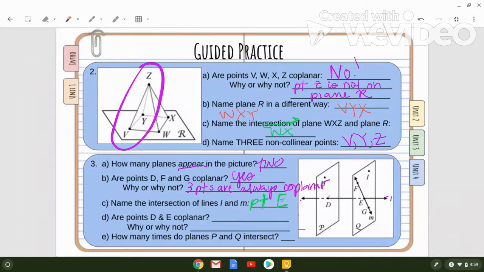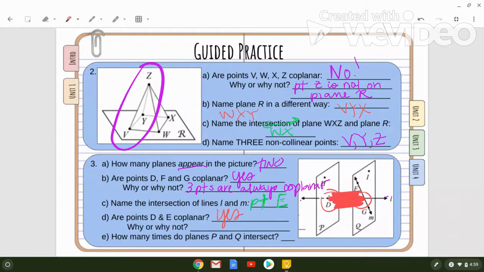Okay, over here. Are points D and E coplanar? Even though they appear to be on different planes, because they're 2 points, I can actually connect them, right? So there is some plane out here in space that's connecting those 2, D and E. So the answer is yes.